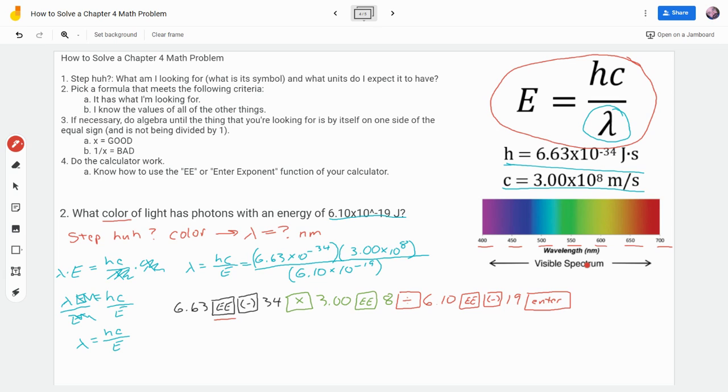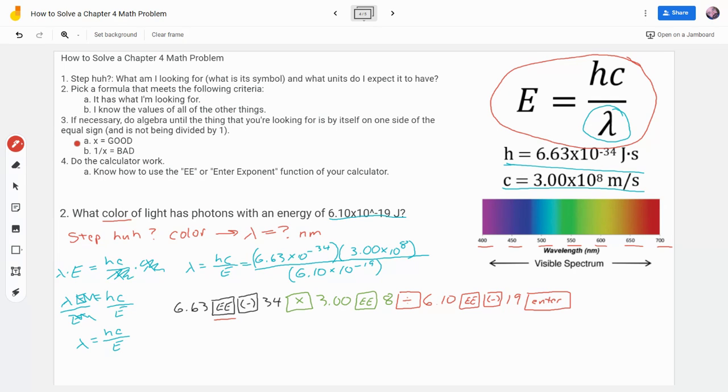So let me do that now. 6.63 EE minus 34 times 3.00 EE 8 divided by 6.10 EE minus 19, and I hit enter. All right, so my calculator has given me a number. Did I get that right?